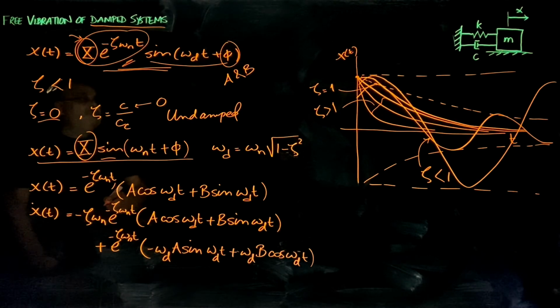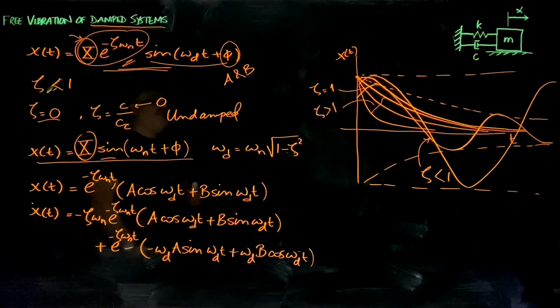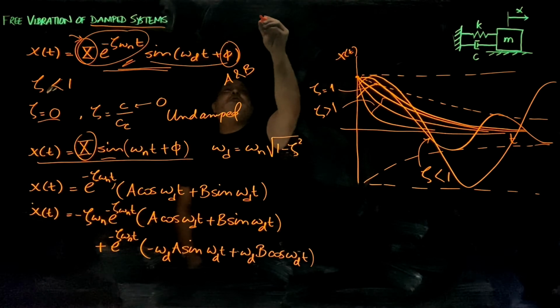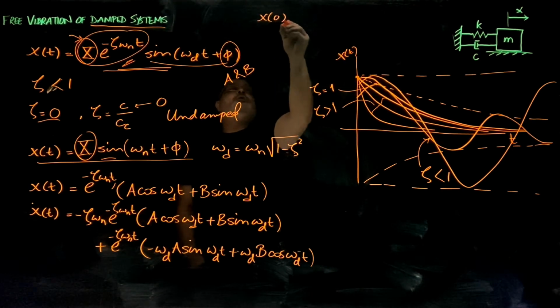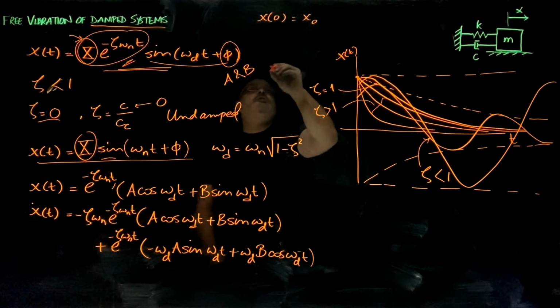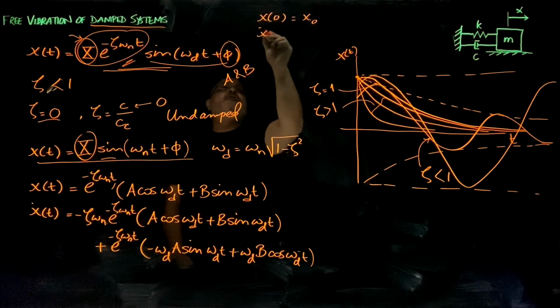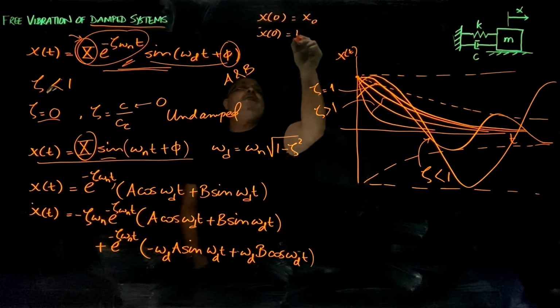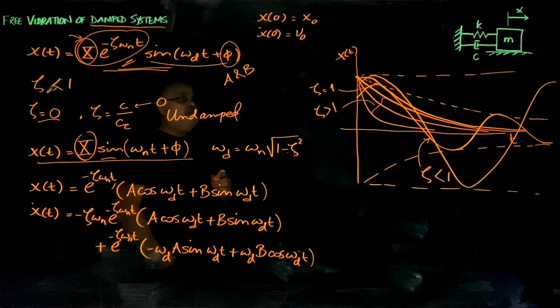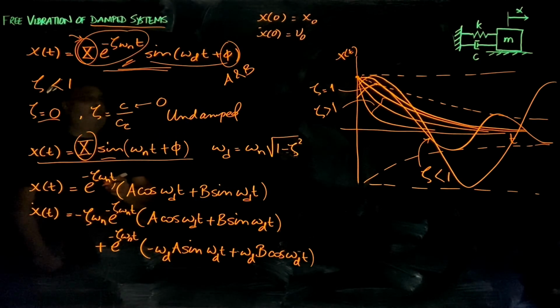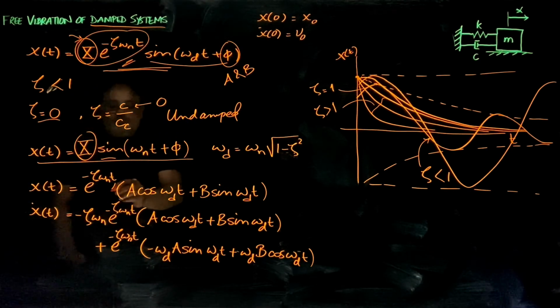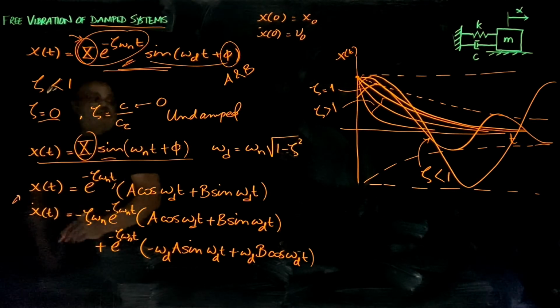Now I will substitute the initial conditions. Let's assume initial conditions x of 0 is x0 and x dot of 0 is v0. So substitute time t equals 0 in x of t.